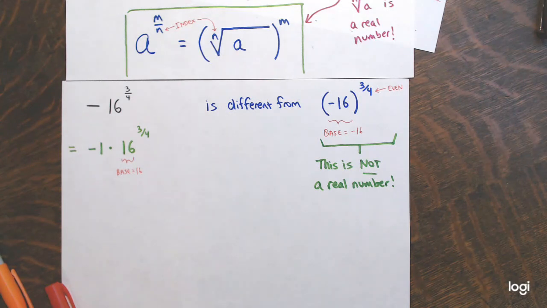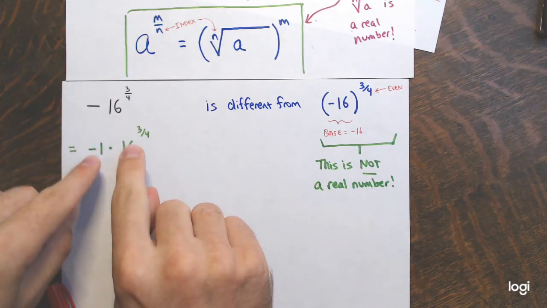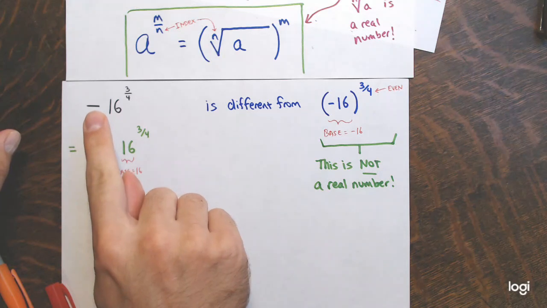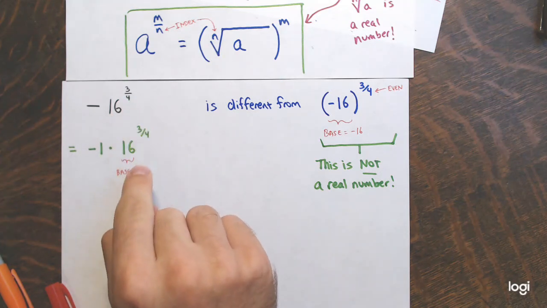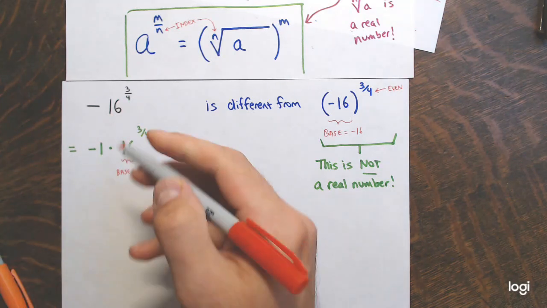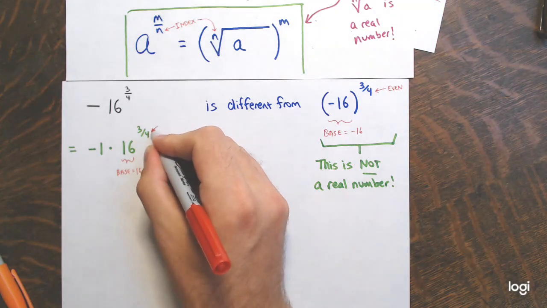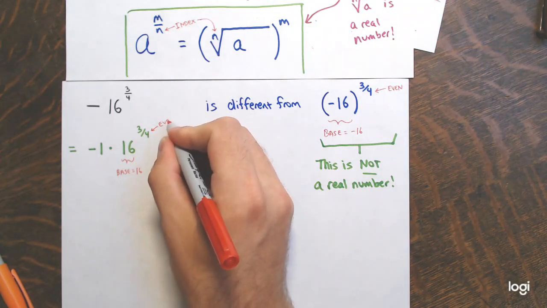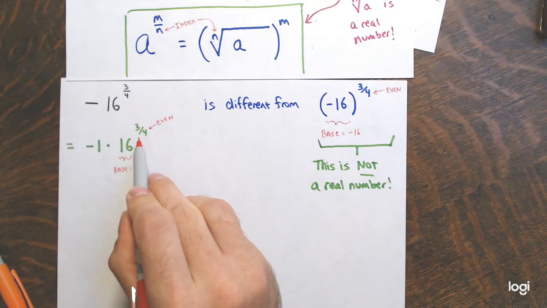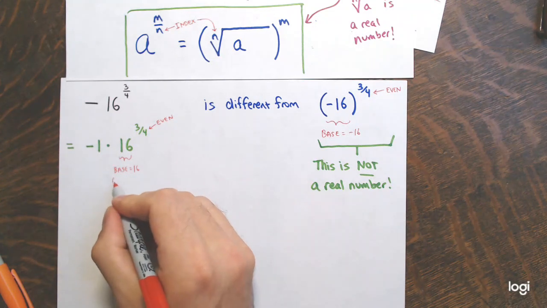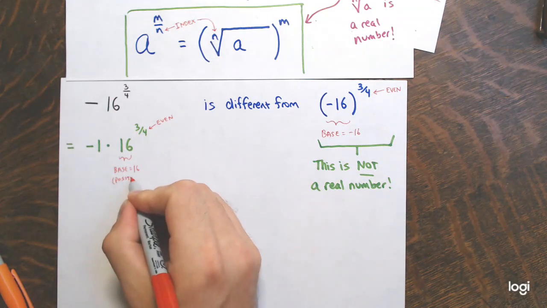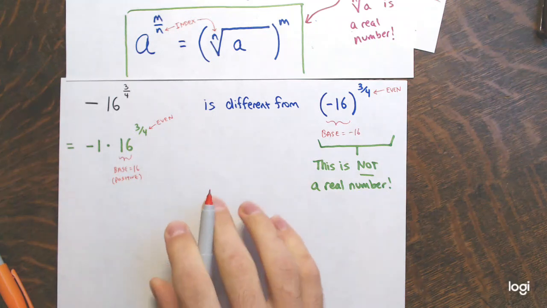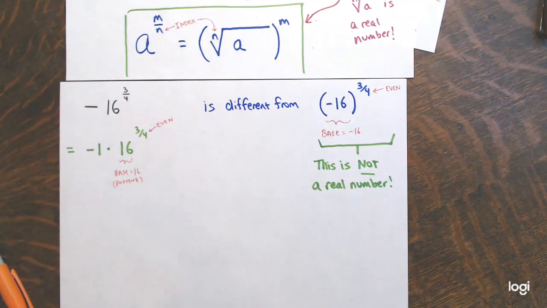Not real. But on the one we were given, this -1 times 16 to the 3/4, again I'm seeing on the power here, the denominator is even. It's 4. So I'm taking an even root, but the base is positive. The base is a positive 16. So this is a real number.